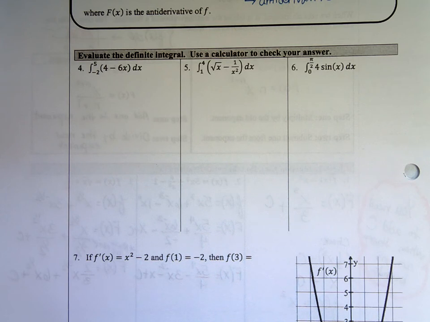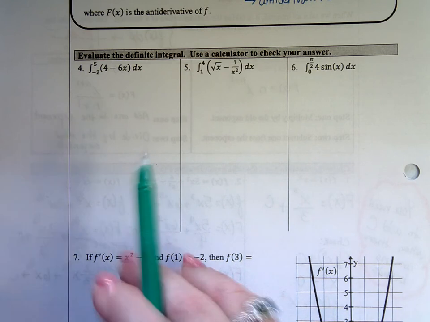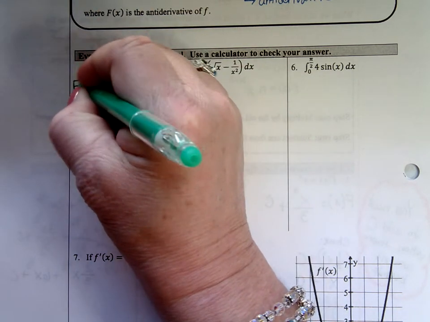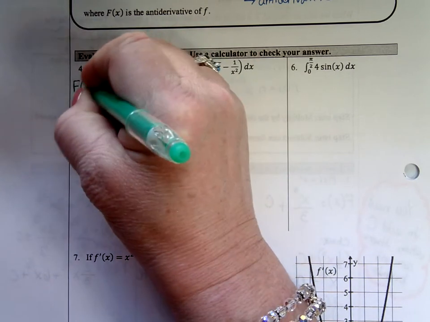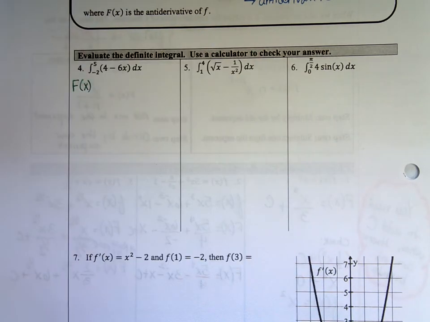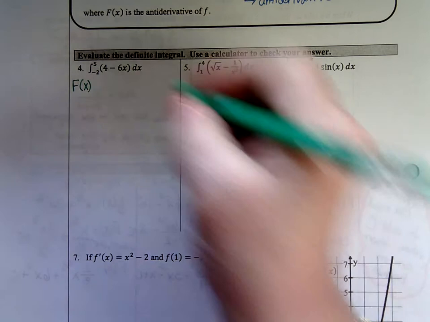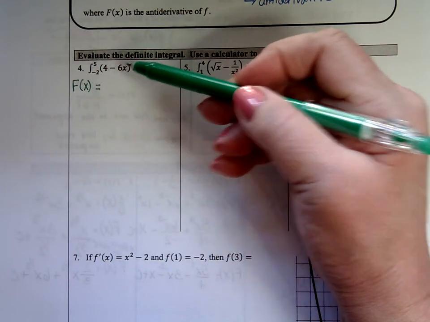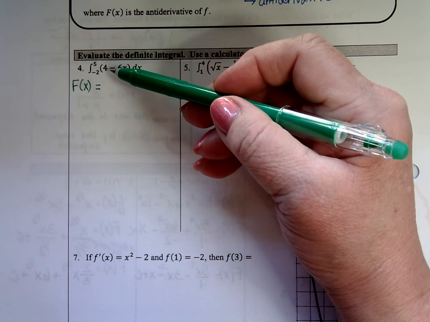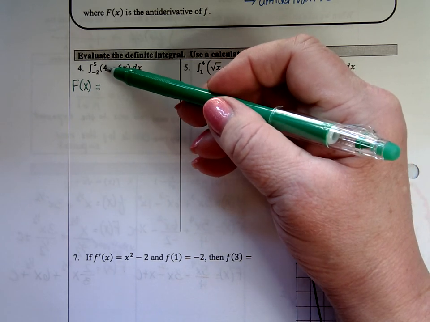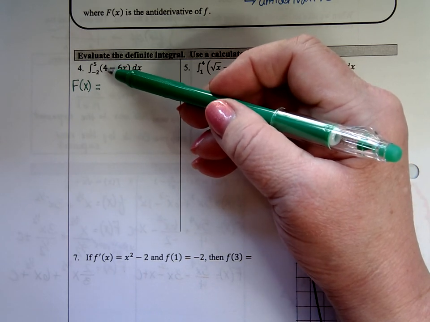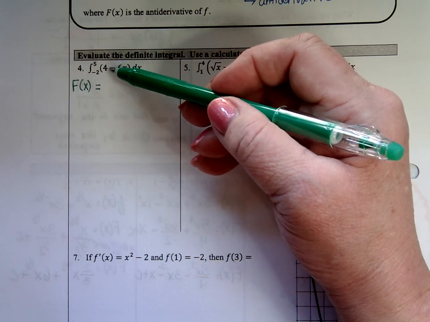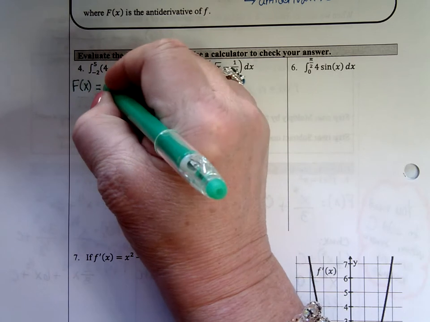So here's what I've got to do. Job number 1 is figure out what capital F of x is. By the way, write small because these guys get pretty involved. Capital F of x. I have a 4 minus 6x, and I'm going to apply that power rule. So 4, there's an invisible x, so it's x to the 0. If I add a power on, it's going to be x to the first, and so this first term is a 4x.